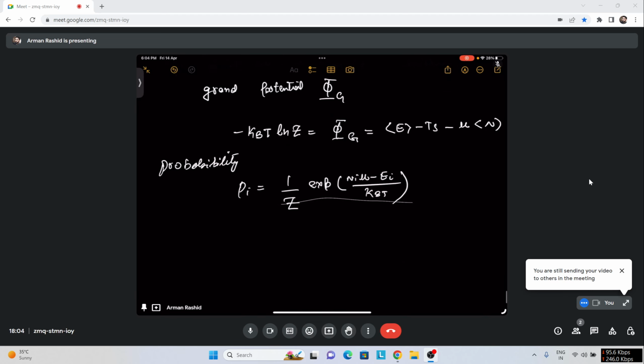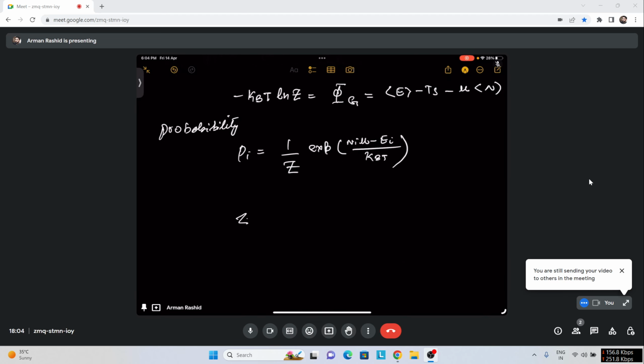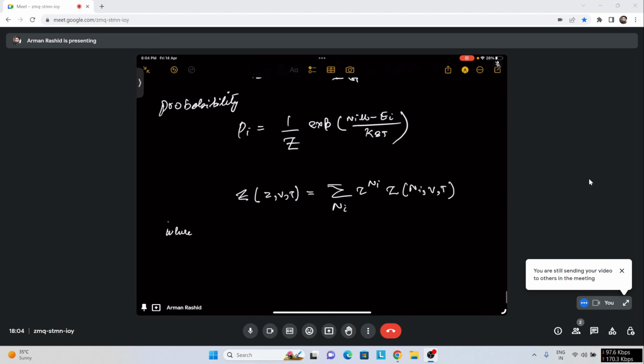It can also be written as Z as a function of z, V, T, given by the summation over N of z raised to the power N, times Z(N, V, T), where z is the exponential of mu by k_B T. This is known as the absolute activity or fugacity.